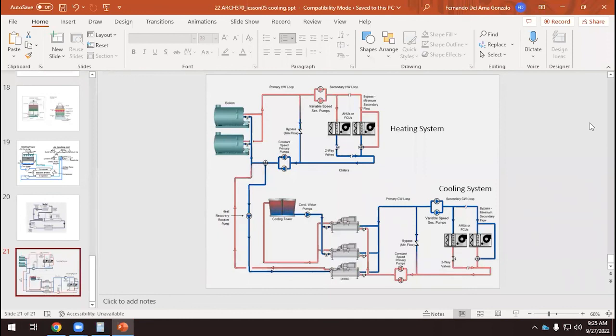Why? We have to ask the one who did this. Why are you doing this? And if there is a good explanation, I will accept it. But in theory, I wouldn't connect boilers and chillers with the same circuit. Doesn't make sense. But maybe it makes sense in that specific building, because at that moment we need both systems connected. I don't know, but in theory, I wouldn't do it.